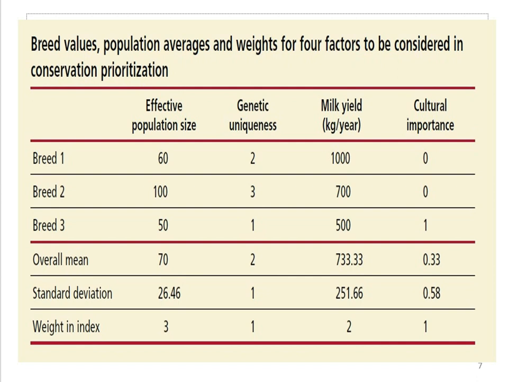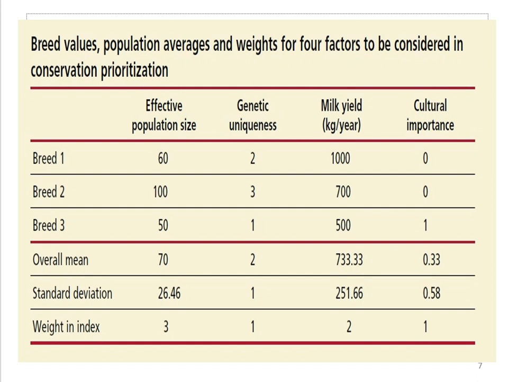So here we have our data. We have 3 breeds and 4 factors. The factors are effective population size, genetic uniqueness, milk yield in kilograms per year, and cultural importance. For instance, breed 1 has effective population size 60, genetic uniqueness 2, milk yield 1000, and cultural importance 0. For breed 2, effective population size is 100, genetic uniqueness is 3, milk yield is 700, and cultural importance is 0.